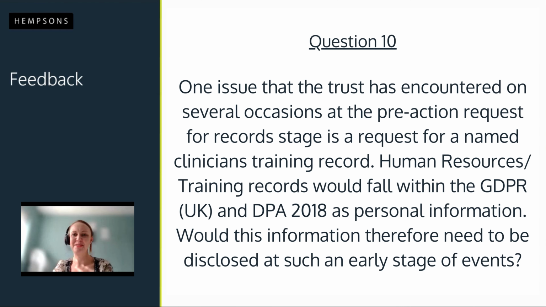This is a question me and Emma have had when we've done this webinar before, and it's not a black and white position when it comes to these documents. We appreciate that clinicians do documents where they reflect on events with certain patients. The principle is that if there is a document with information that relates to a specific patient, then in theory that would be disclosable.